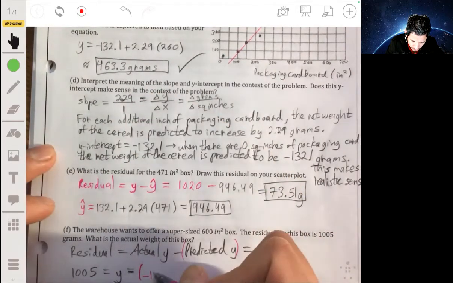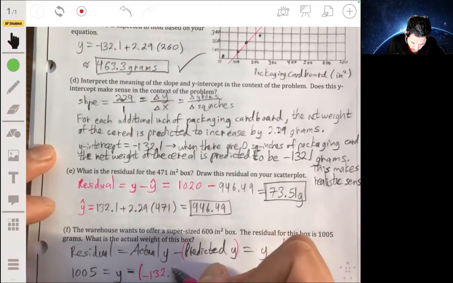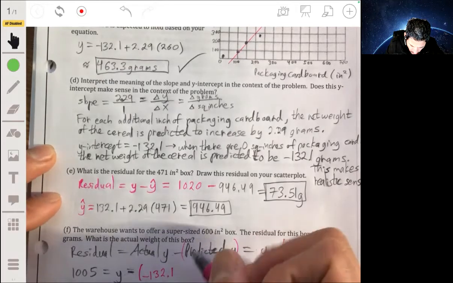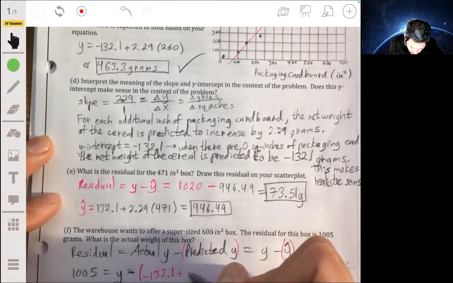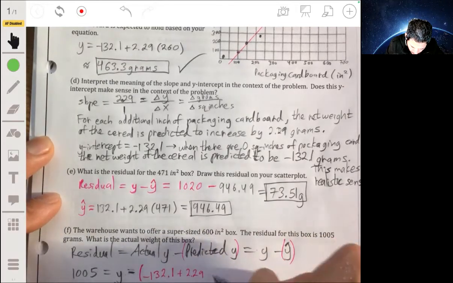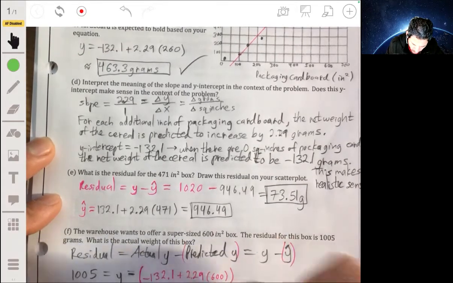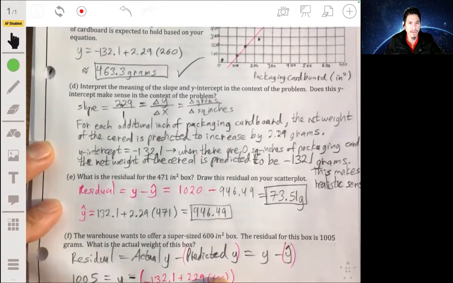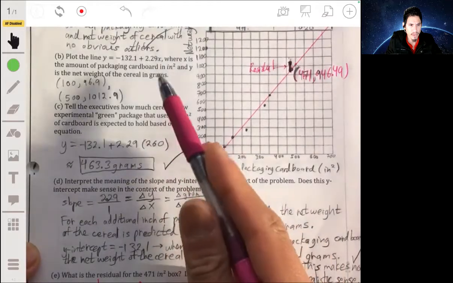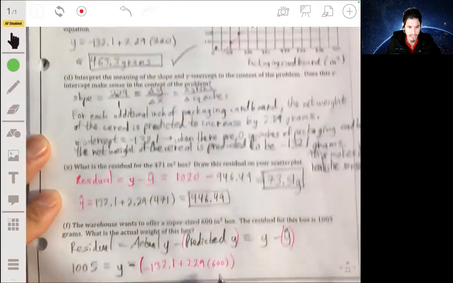So this will be negative 132.1 plus 2.29 times 600. Remember, we're just plugging this x value into our equation, and we're going to calculate a value here.